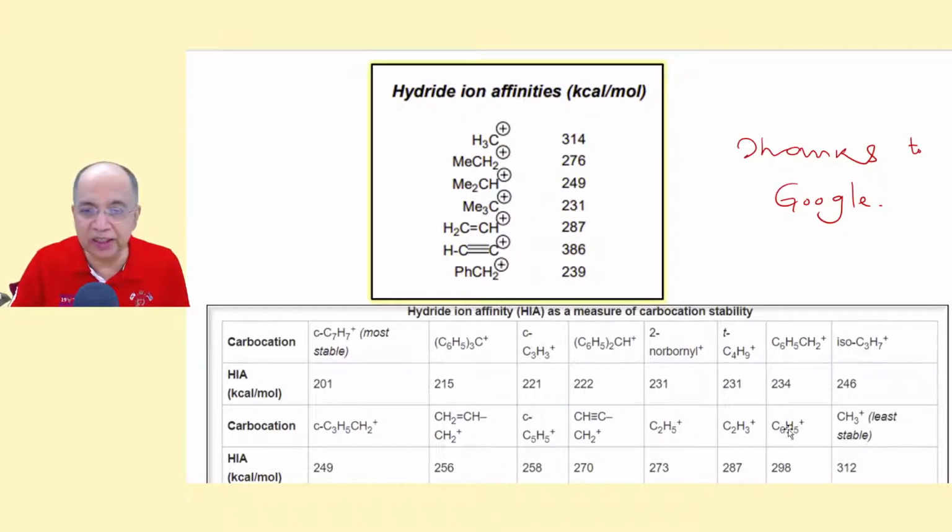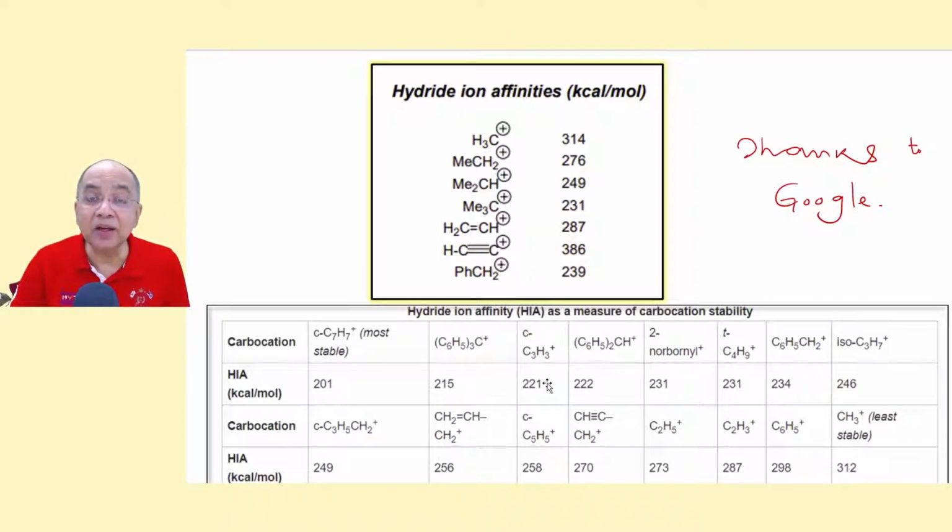Where is benzyl here? This is the carbocation and the HIA, hydride ion affinity energy, in kilocalories per mole. You find this is aromatic. Tropylium ion is the most stable because it has the lowest HIA. Then triphenyl methyl, I'll show you the structure, that is second.